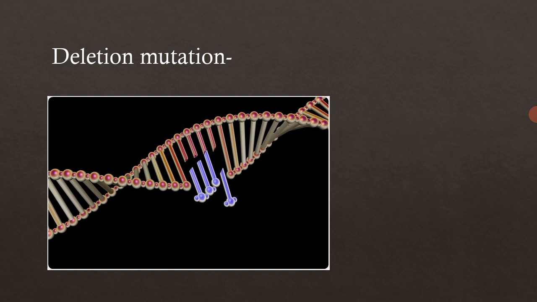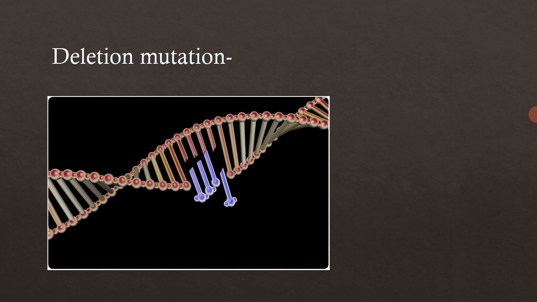As we can relate from the term deletion, in this case some genetic material or some portion of a gene segment is getting removed, is getting deleted from the native genetic sequence, the DNA, and due to which the cell will then get mutated. Now this mutation can show phenotypic as well as genotypic changes.